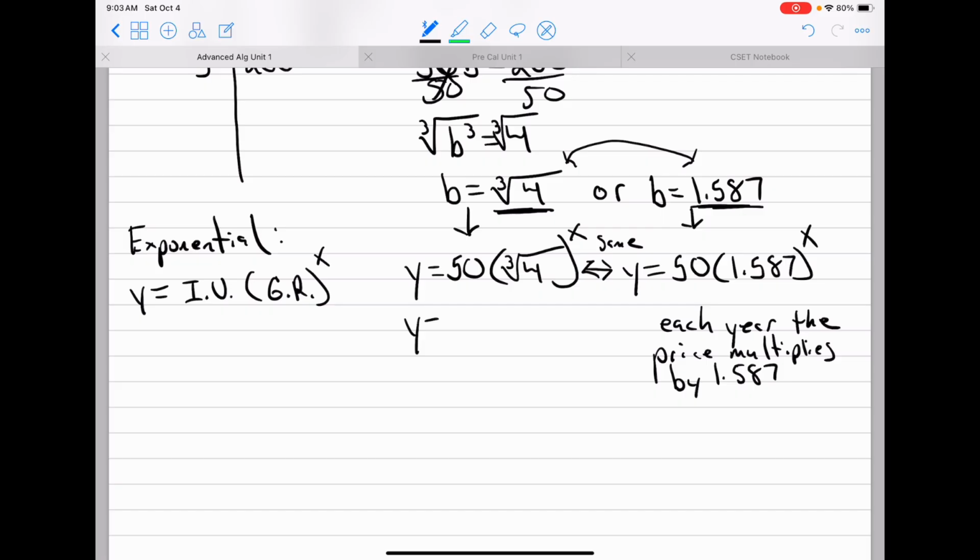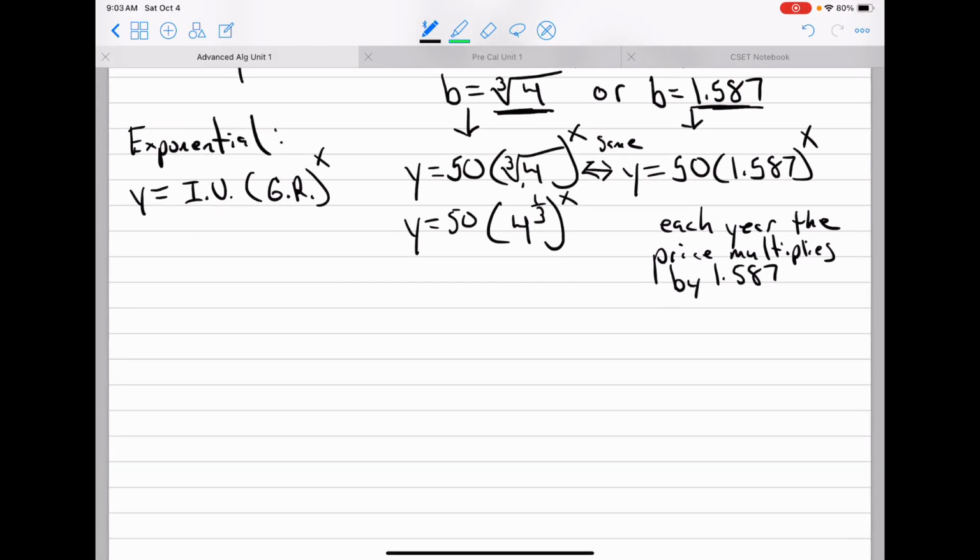We know that this also means 50 times, if I put the cubed root of 4 into a fractional exponent, that's 4 to the 1/3 times x, right? That's what we did the other day in class. So if I keep going and I try to get this into a thing that I want, 4 to the 1/3 to the x means 4 to the 1/3 times x over 1.